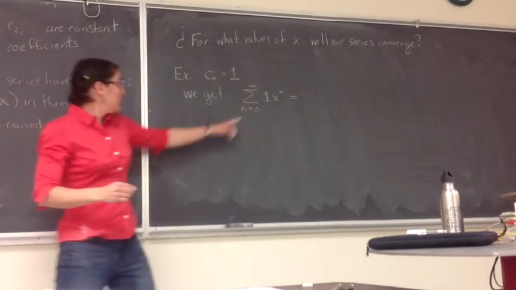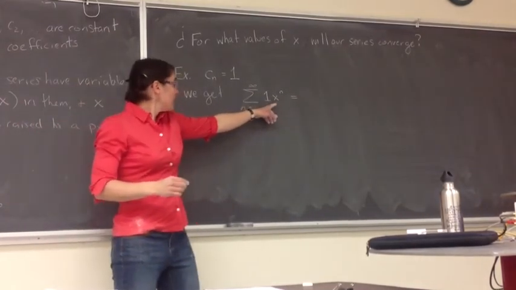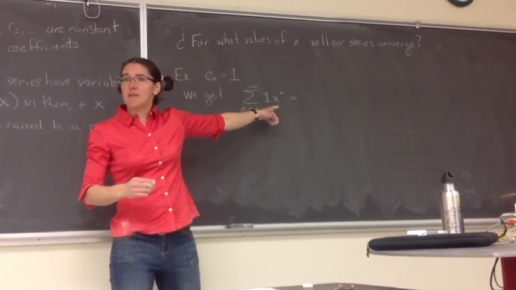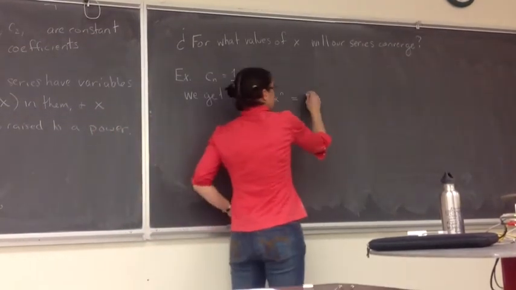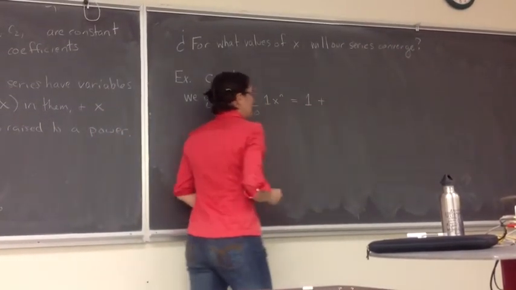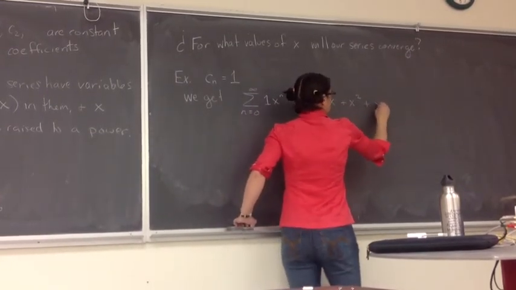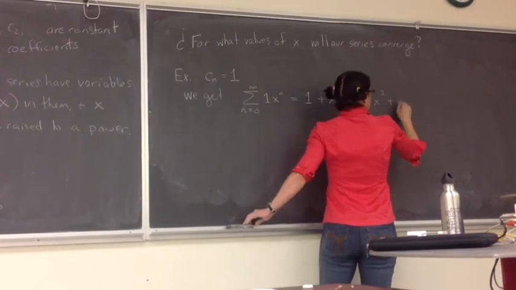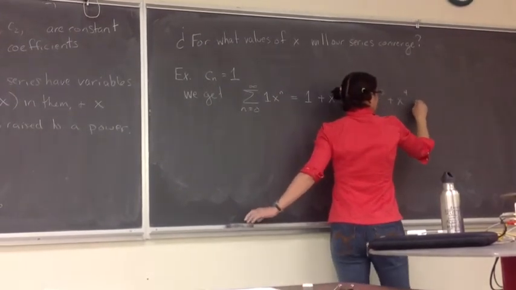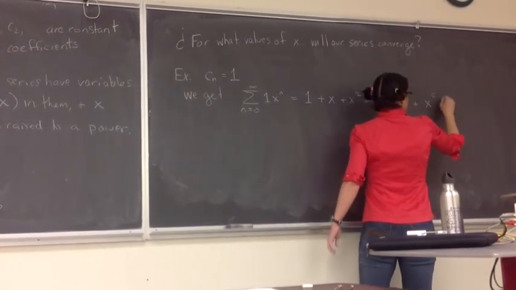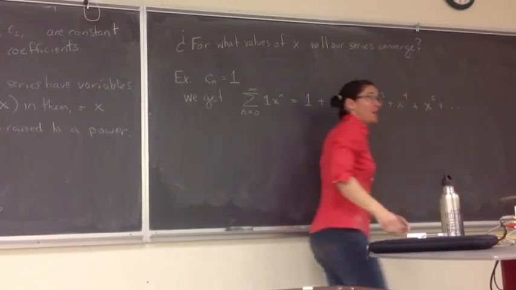And so when I look at this, I say, okay, I'm going to start writing out some terms. My first term is 1 times x to the 0, which is 1. My next term is x. My next term is x squared plus x cubed plus x to the 4th plus x to the 5th plus dot, dot, dot.